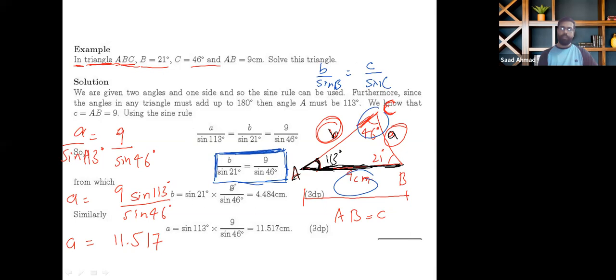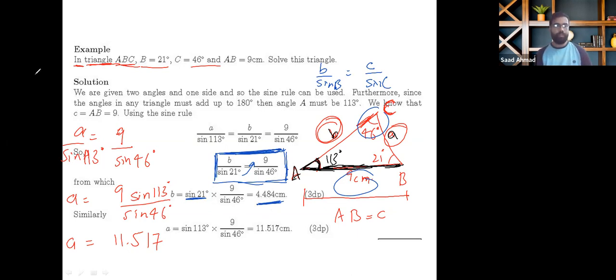We cross multiply this sine 21 to the other side. Again using the calculator, we get 4.485.